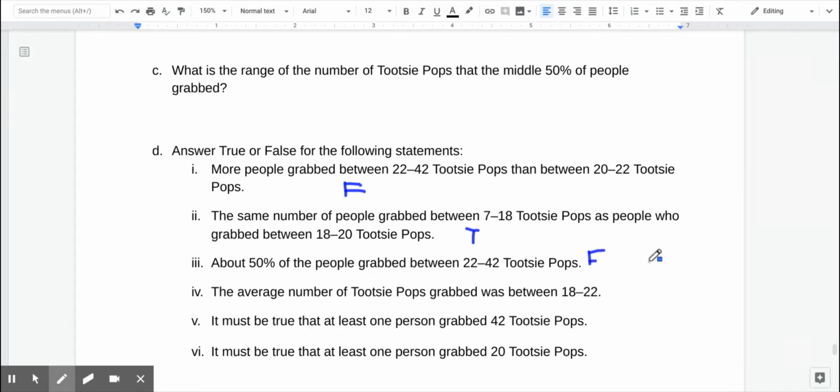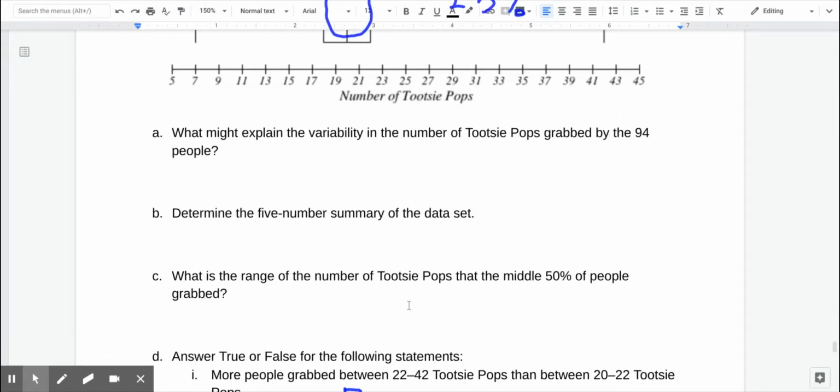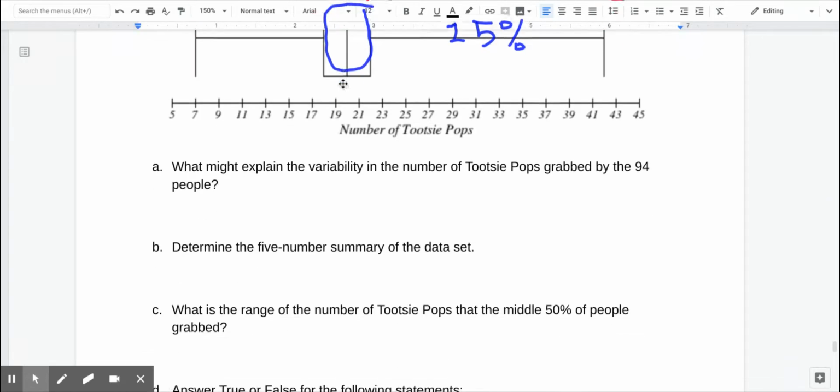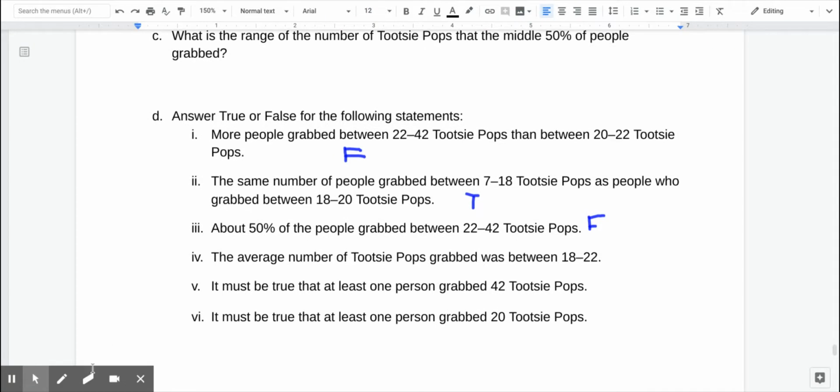The average number of Tootsie Pops grabbed was between 18 and 22. I think that's a reasonable statement because half of the people grabbed in there. So yes, I would agree that that's a reasonable statement. That's true.